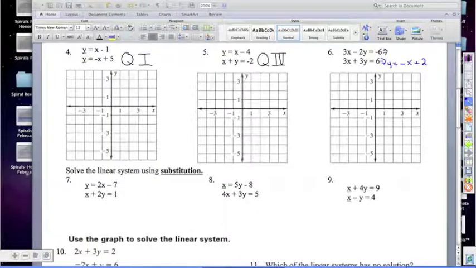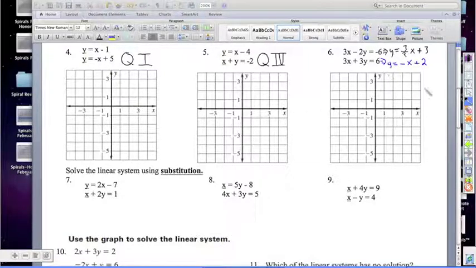If you solve the top equation over, you have y equals 3 over 2x plus 3. And you should be able to graph those.